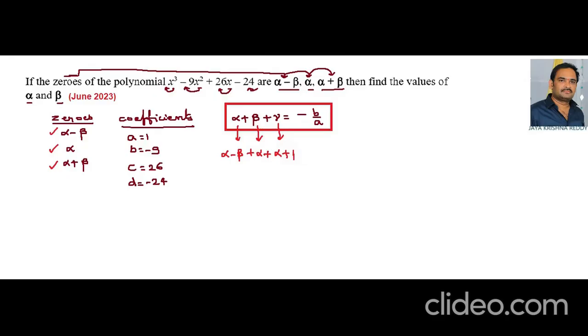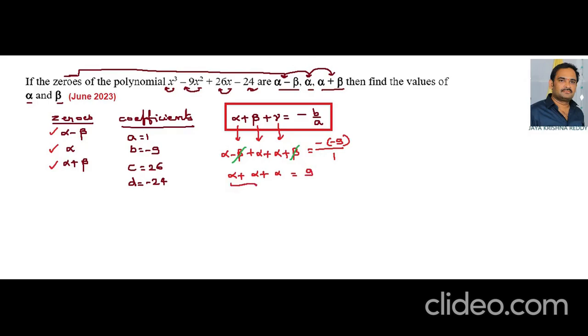So here we have written alpha minus beta plus alpha plus alpha plus beta equal to minus of, what is the b value here? Minus 9 by a value is 1. So here we can cancel minus beta and plus beta, because beta minus beta will become 0. The remaining terms are alpha plus alpha plus alpha equal to, on the right hand side, minus into minus is plus, 9 by 1 means 9.